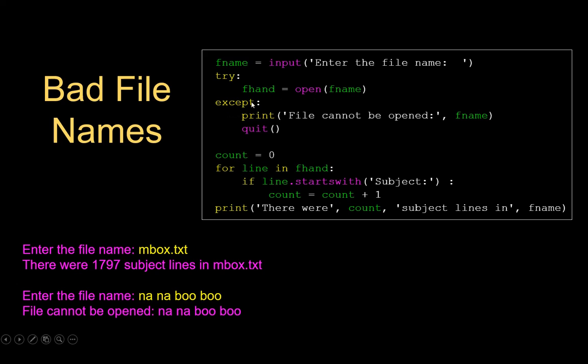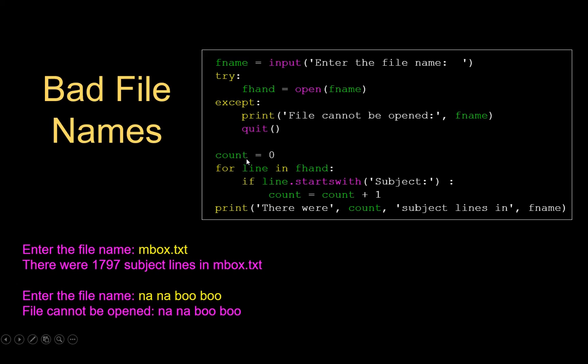So we put this potentially tracebacky line under try, and we say that if that happened, if we got a traceback, if the file was bad, we print file cannot be opened, this file name, and we quit. Quit means that we don't go to the rest of the program, we just go to the very end of the program. So if this does not happen, if our file name is good and we can open it without a traceback, we just continue here.